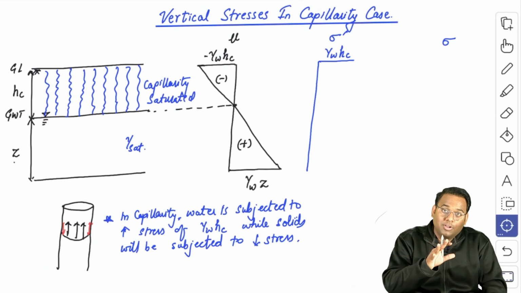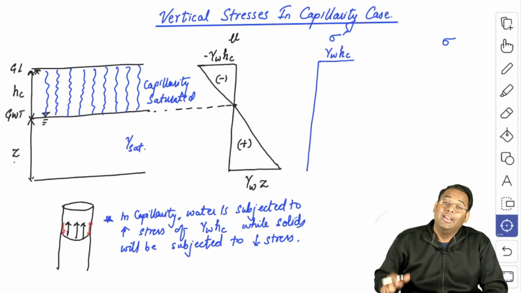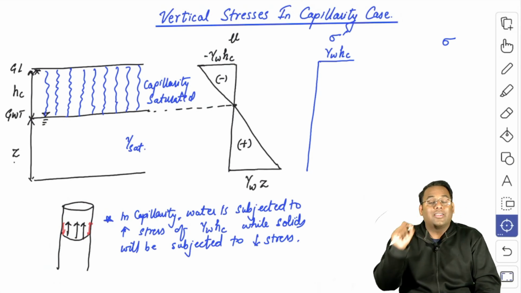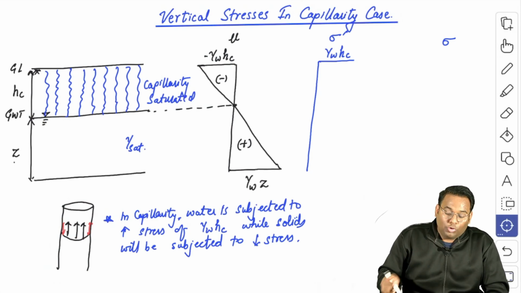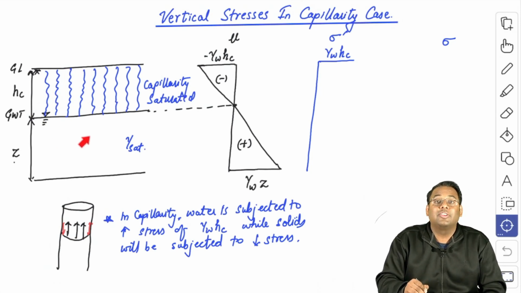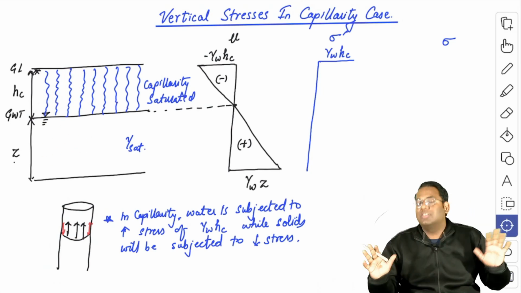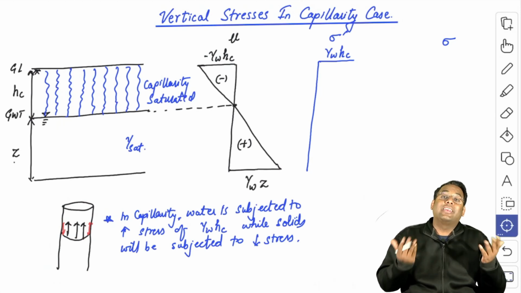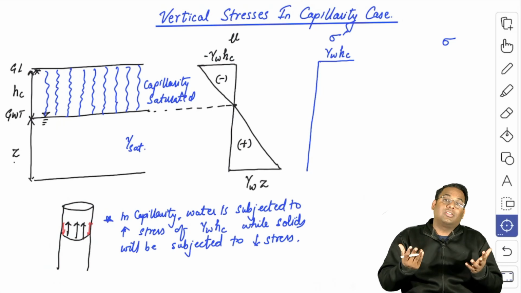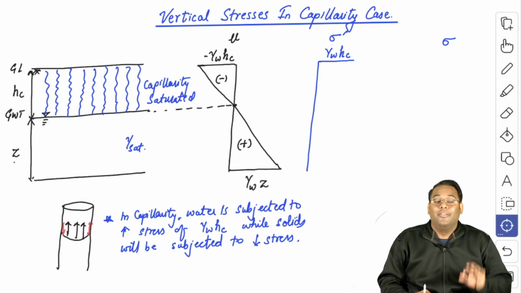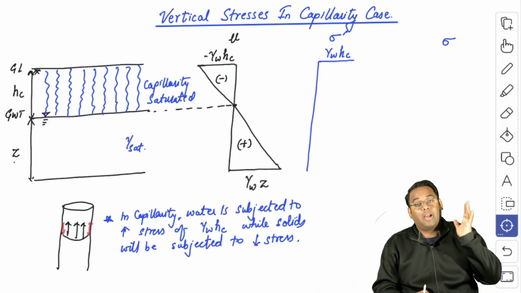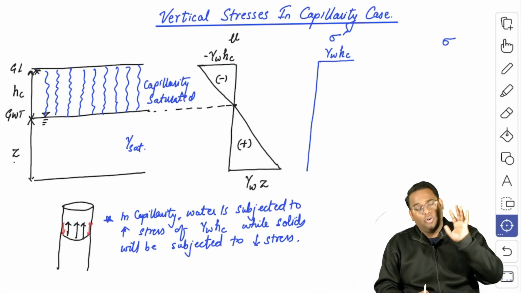And if the weight of the water filled in the voids is considered, then the overall weight of the soil should vary with gamma saturated. So whether the soil is capillarity saturated or normally saturated, in both types of saturation water weight will act, and hence the value of total stress will vary with gamma saturated, whether the water is flowing, moving upward, downward, or capillarized or normal.